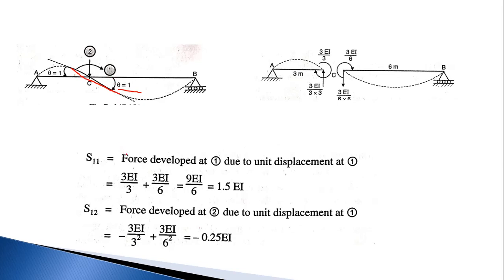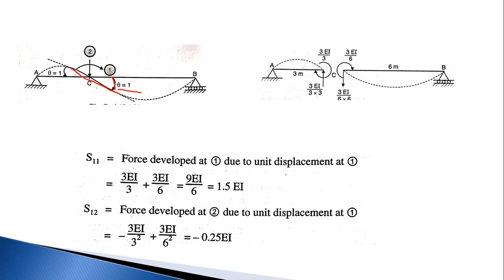So what is the force? It is 3EI by L for the AC portion, and for the BC portion it is also 3EI by L. See here, the direction of the moment is clockwise and the displacement is also clockwise, so both are in the same direction.